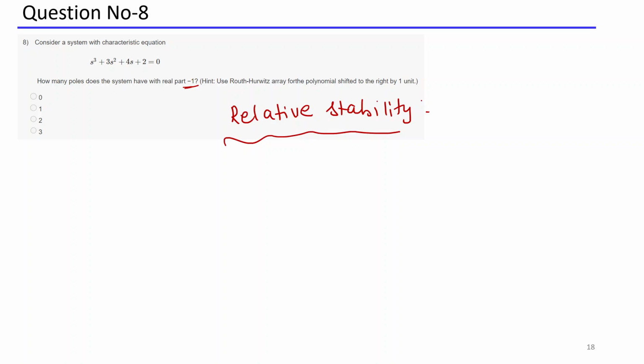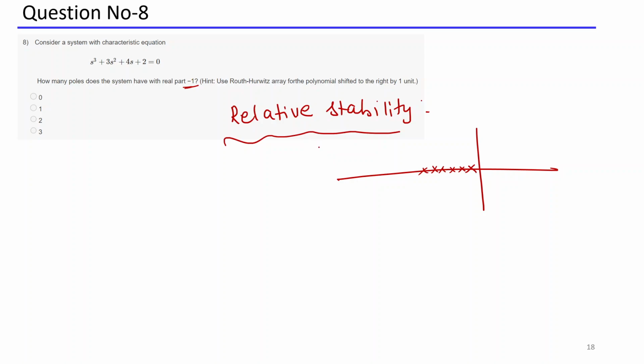When the poles are very near to the origin... Okay, there are three poles, sir, that have real part minus one. I'm just telling you how to solve this question, sir. So it is a question of relative stability.